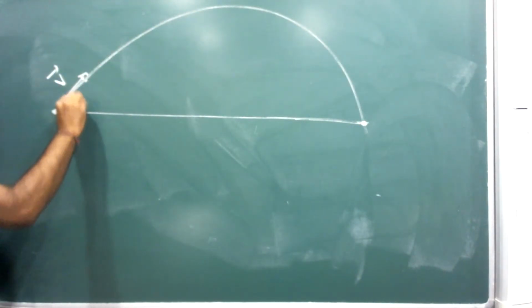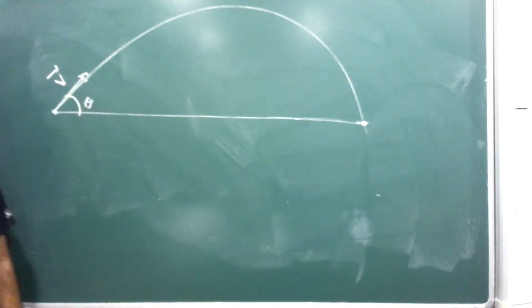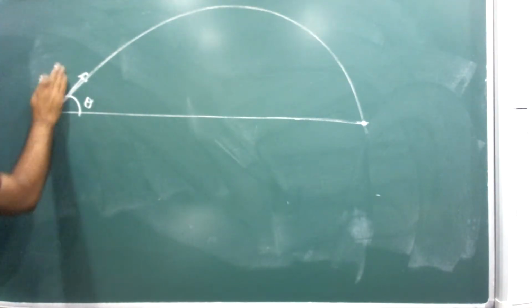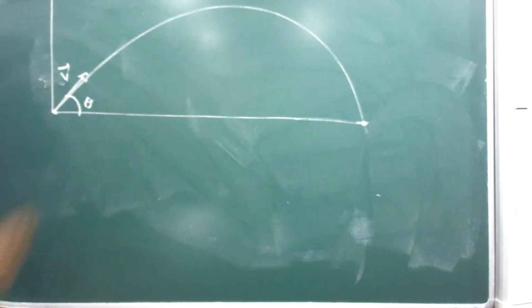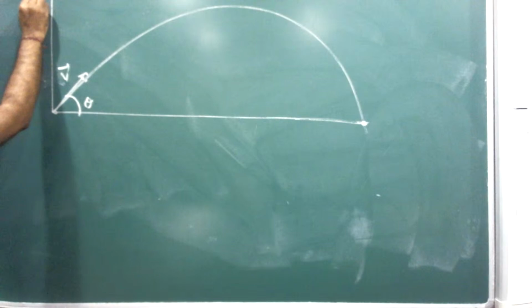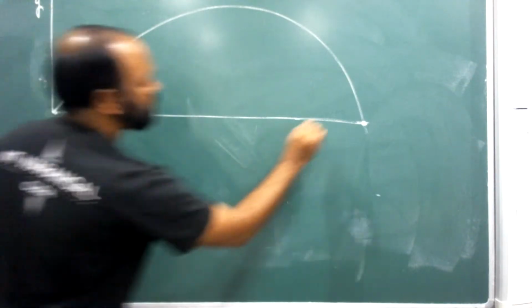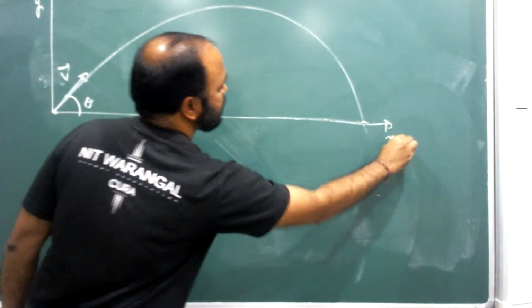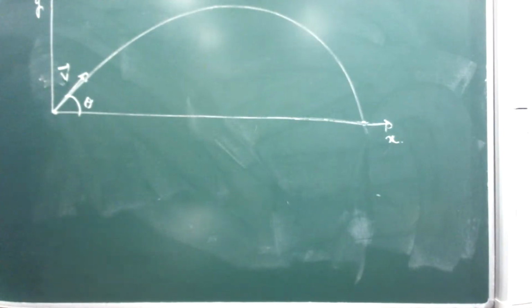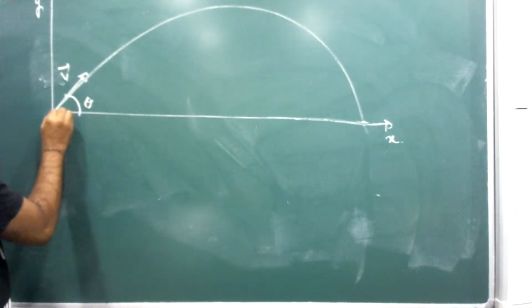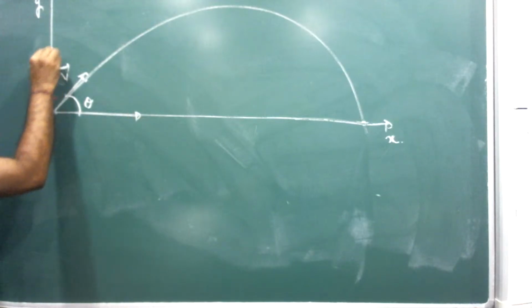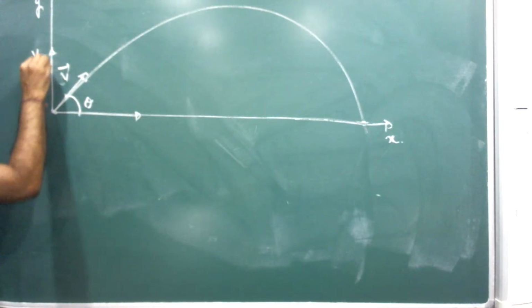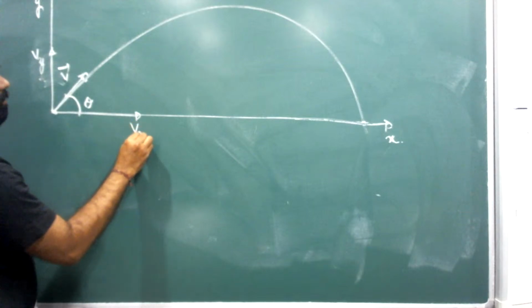Now this velocity vector makes an angle theta here. For reference, I am making this the x-axis and this the y-axis. The velocity has two components: along this direction we have one component, Vy, and along this, Vx.